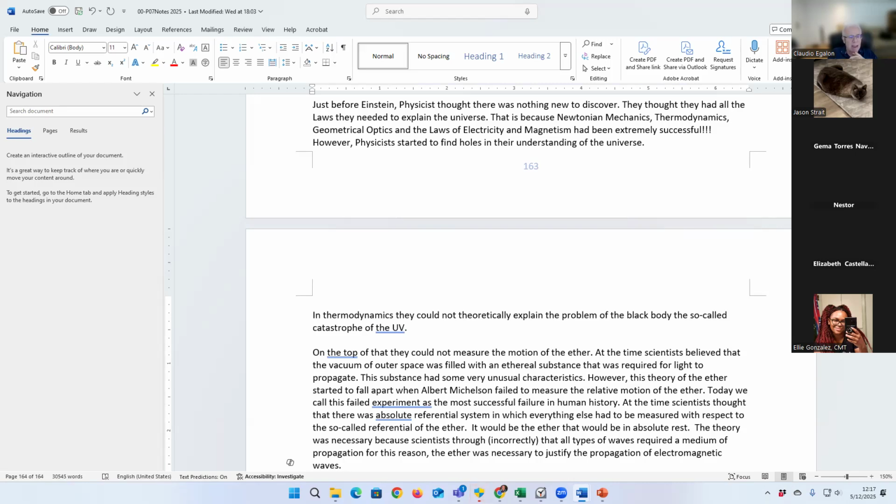So they had this incorrect mindset that light waves, electromagnetic waves, required a medium to propagate through space.